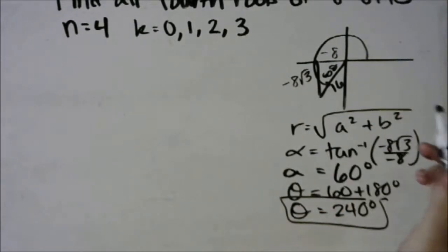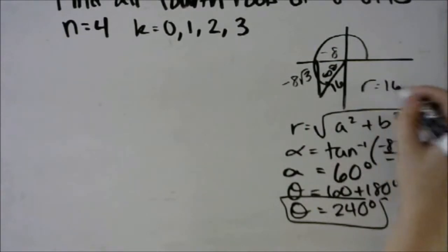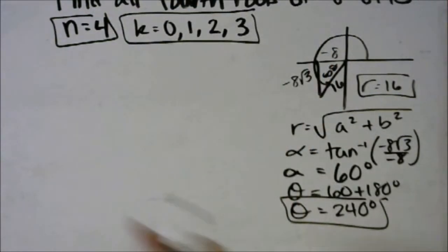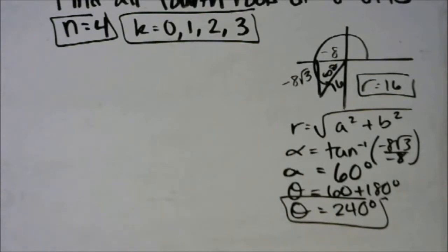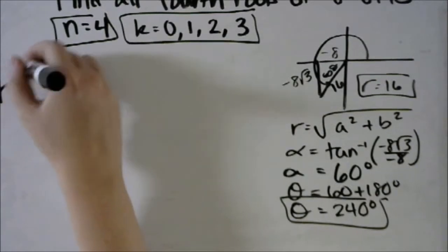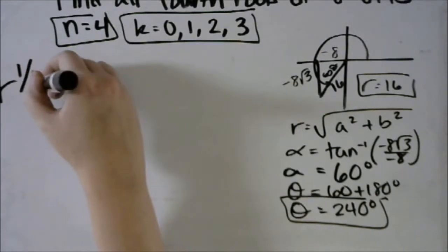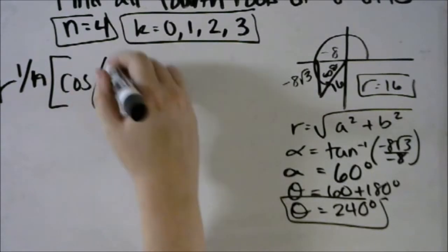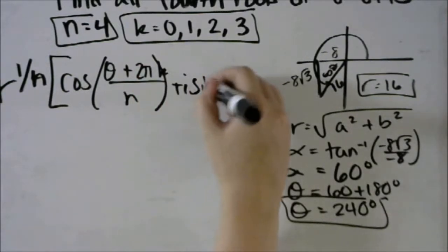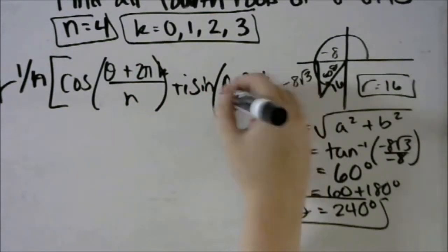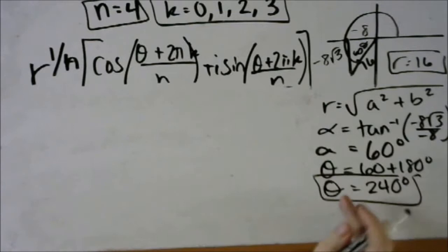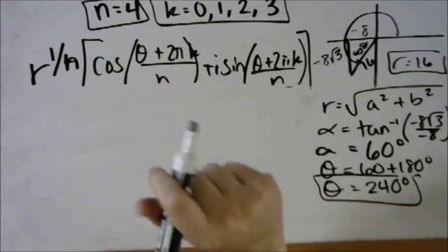I now know all the information that I need. R equals 16, N equals 4, and K will be each of these values separately to apply de Moivre's theorem and the theorem for the nth roots of a complex number. So let's start with the formula. R to the 1 over N times cosine of theta plus 2 pi k over N plus i sine of theta plus 2 pi k over N. As I plug in my values, I'm going to adjust my formula slightly to be in degrees because right now I know that 2 pi k is 1 rotation in radians.